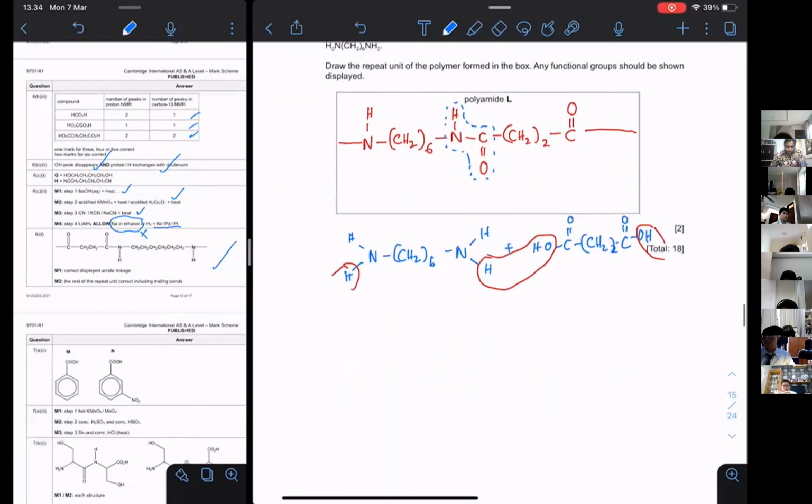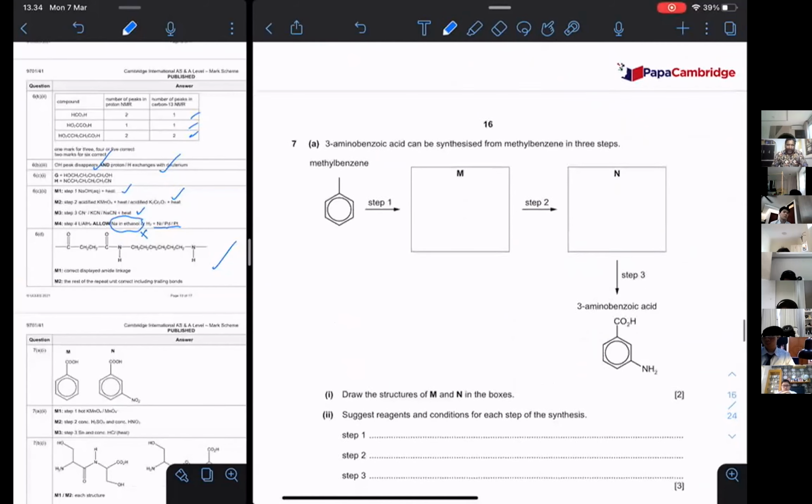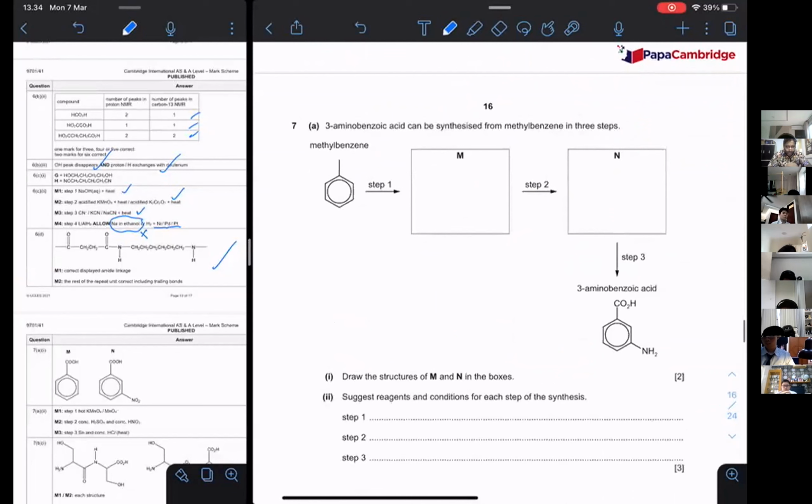Now if you move on, question number 7, 3-aminobenzoic acid is synthesized from methyl benzene in 3 steps. So you have methyl benzene, and you are going to end up getting benzoic acid.